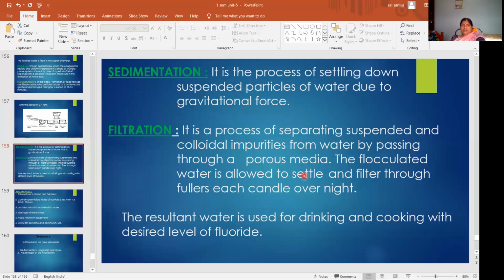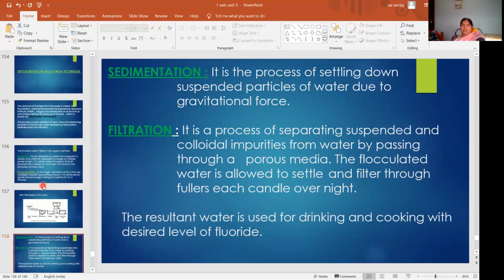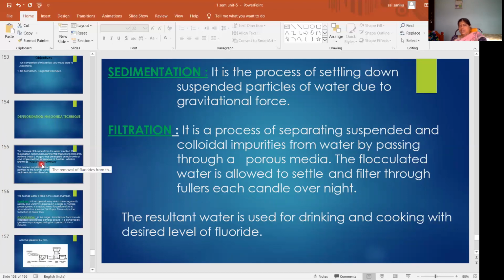Then the water you get is used for drinking and cooking with the desired level of fluoride. So this is about the Nalgonda technique. It was first done in Nalgonda, that's why it is called the Nalgonda technique, and the Nalgonda people were suffering from fluorosis. Okay.